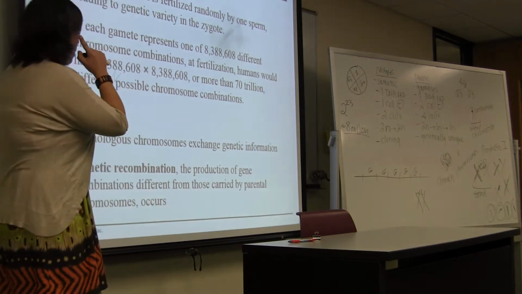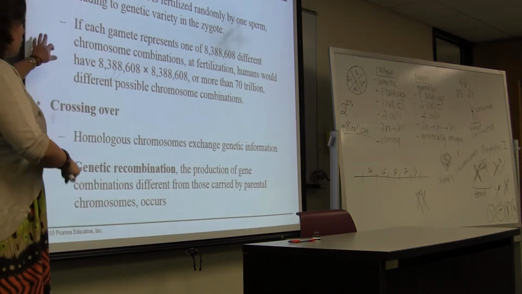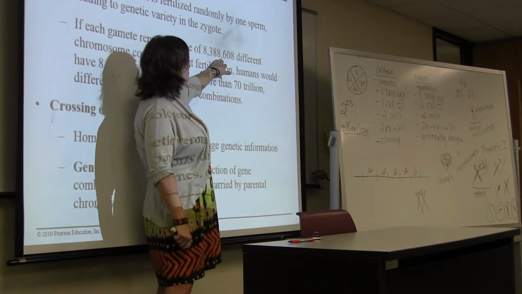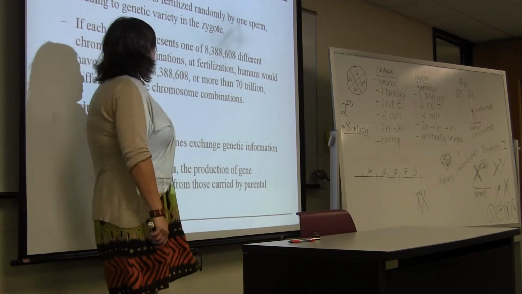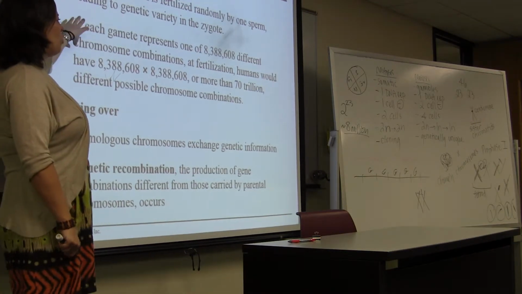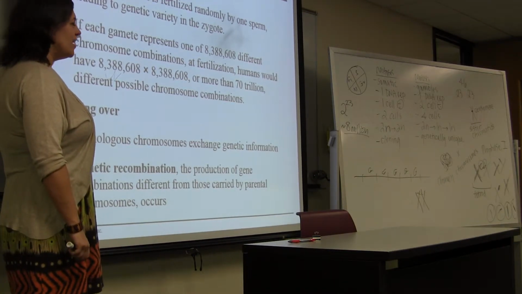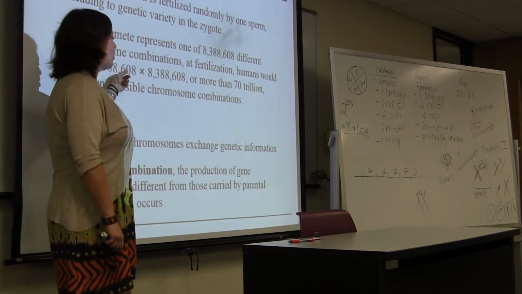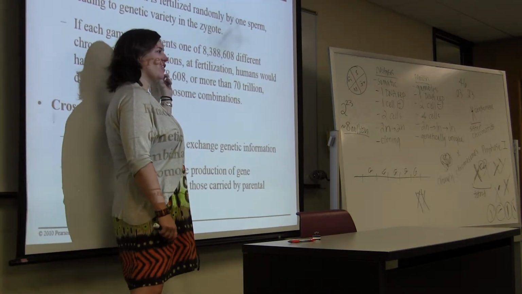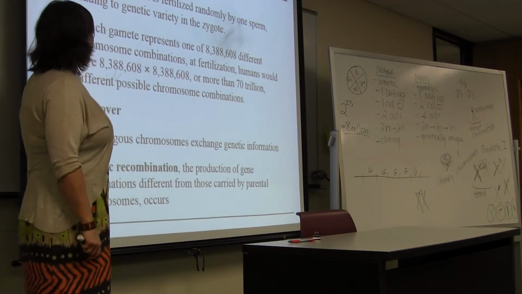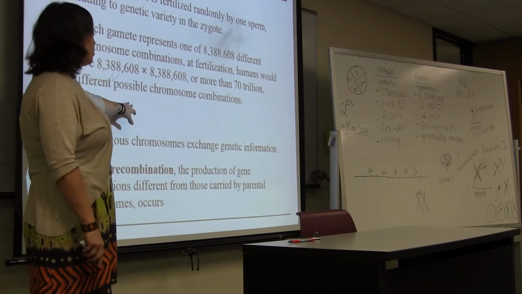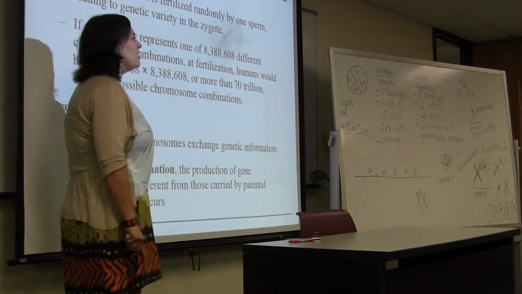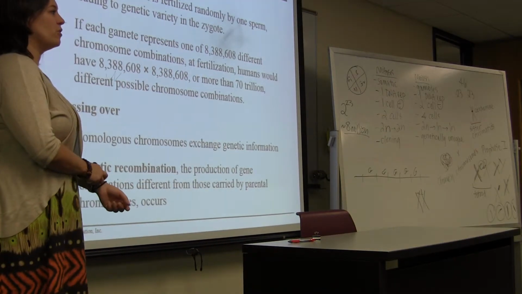And so if each gamete represents, this is that 8 million number that we came up with, this is 2 to the 23rd. So if each gamete represents 8 million different chromosome combinations, then at fertilization, this is 8 million for the sperm and 8 million for the egg, that means during random fertilization, there's over 70 trillion different genetic combinations that can be made during fertilization.